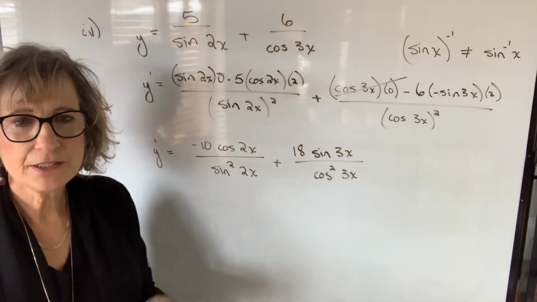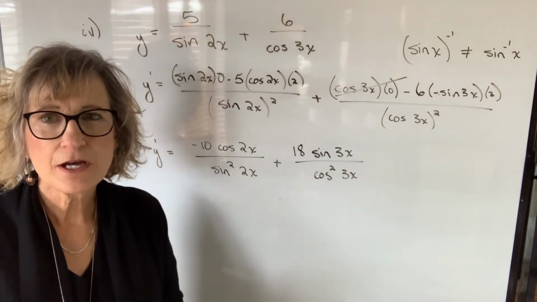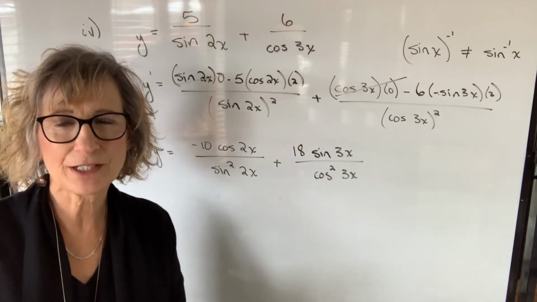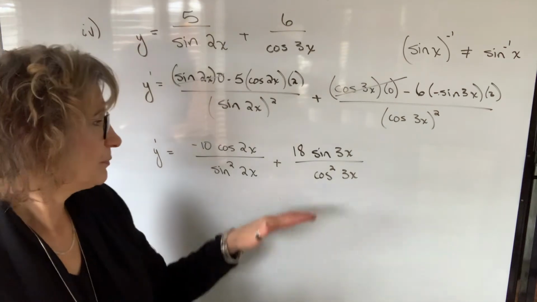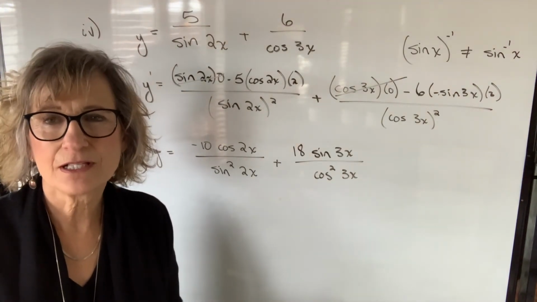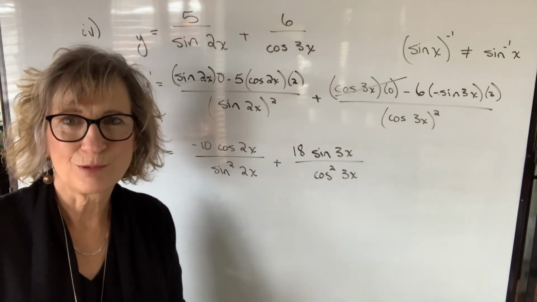You may find answers expressed a little bit differently than this because the author of the textbook might use trig identities to change the format of the answer. This would be correct, and if identities are used, it's correct as well. So just be aware of that in case you run into that problem.